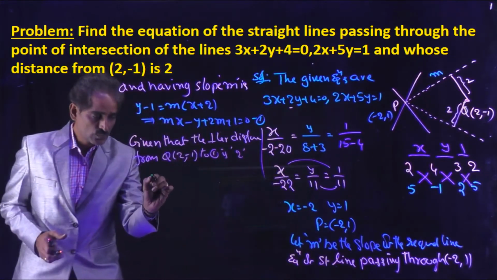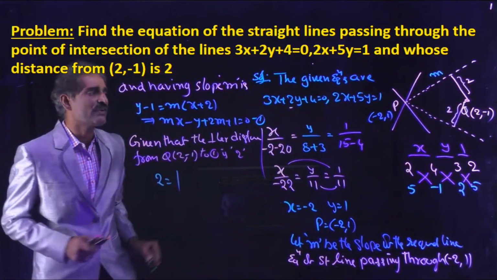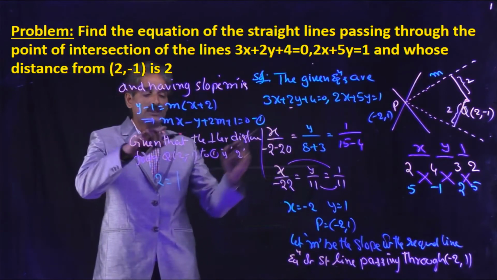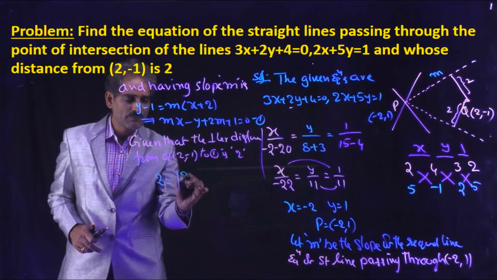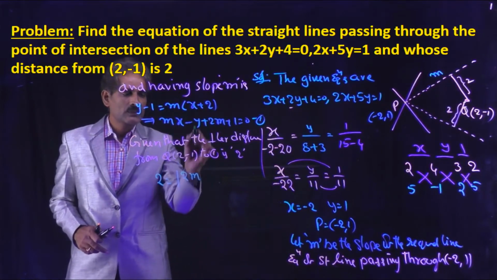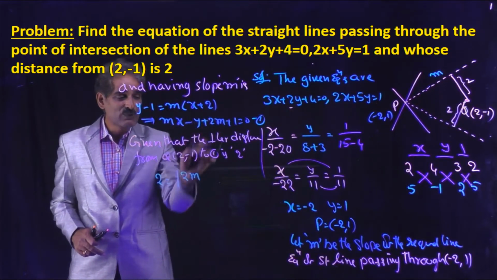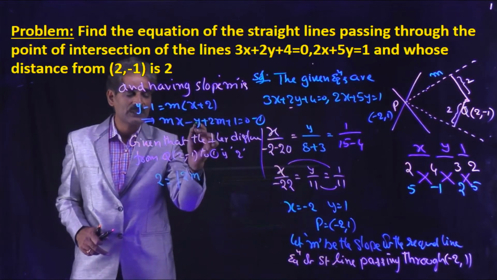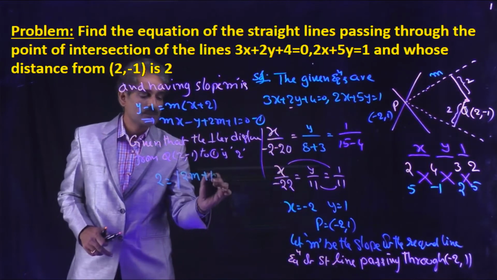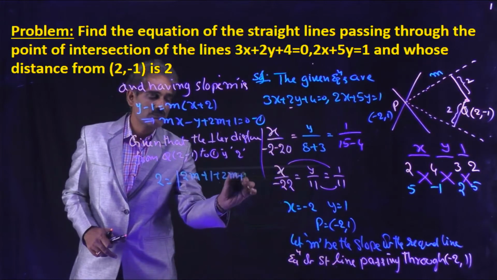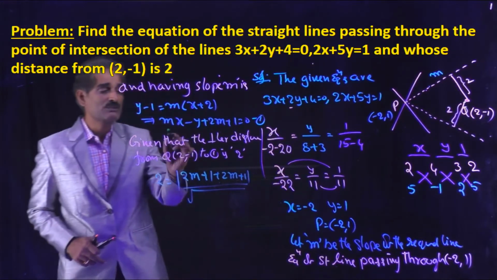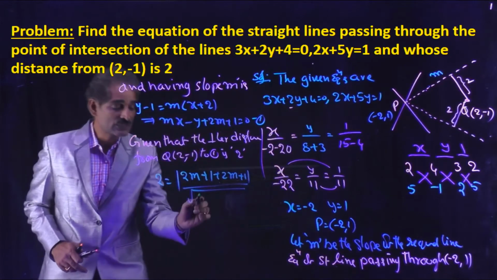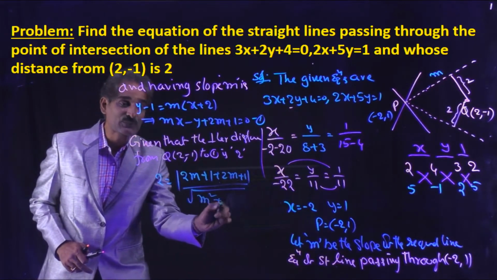Now 2 is equal to the modulus of ax1 + by1 + c by the root of a squared plus b squared. That means modulus of m into 2, 2m, plus (-1) into (-1), plus 1, plus 2m plus 1, by root of m squared plus 1.